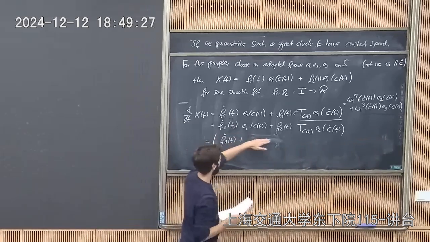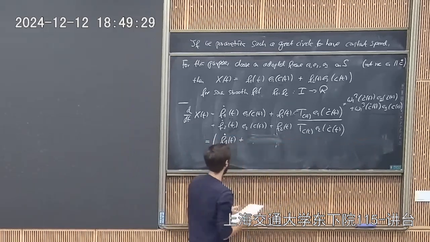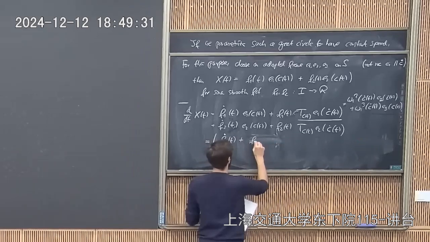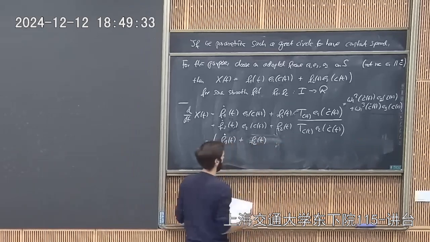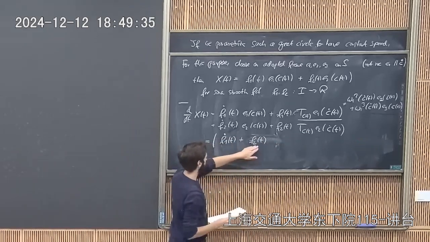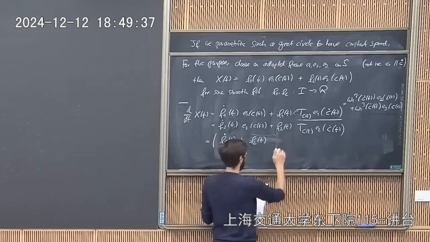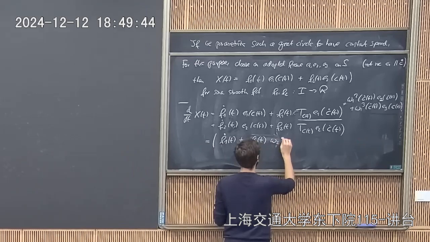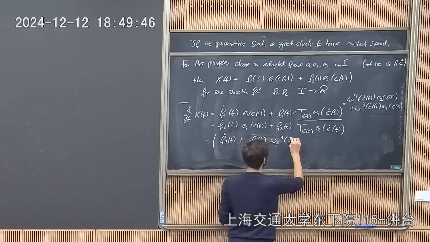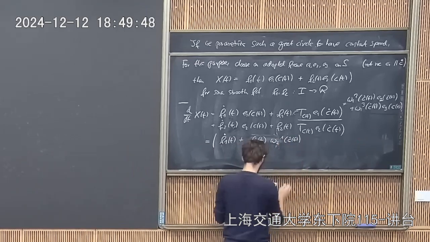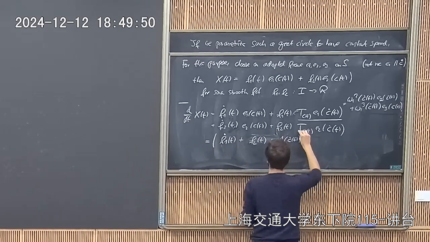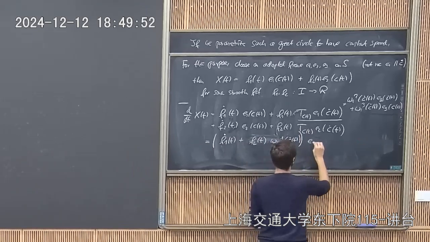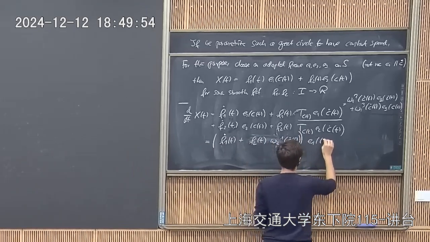We get something from this term here that is coming from the f2 direction. So f2 comes from here times omega 2,1 of C of t, and then E1 of C of t.